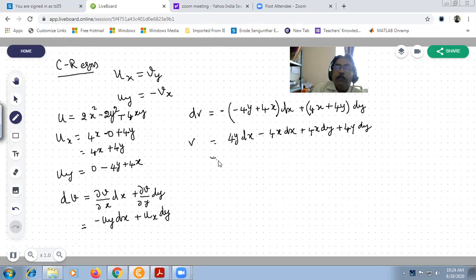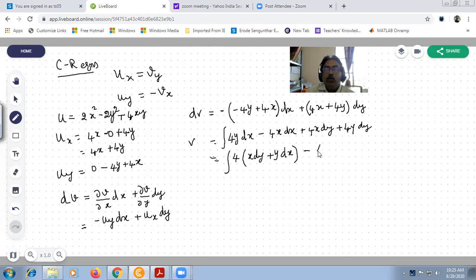So I am clubbing this 4 to take the integral: 4 times the integral of x dy plus y dx, since x dy plus y dx is d(xy), minus 4 integral x dx plus 4 integral y dy.